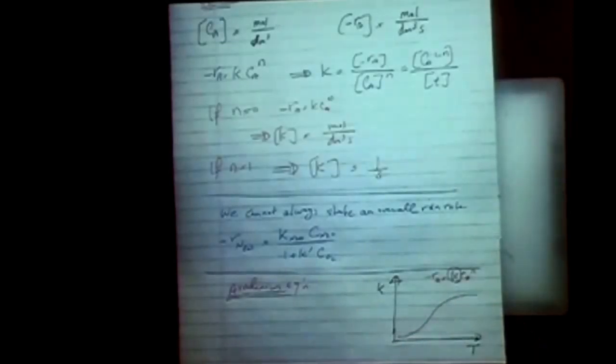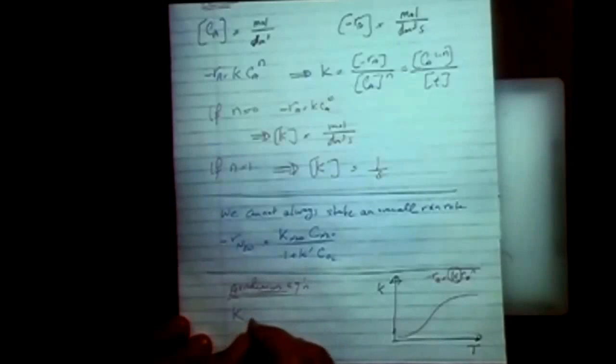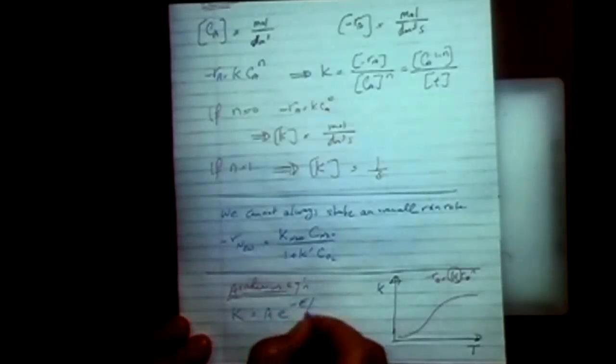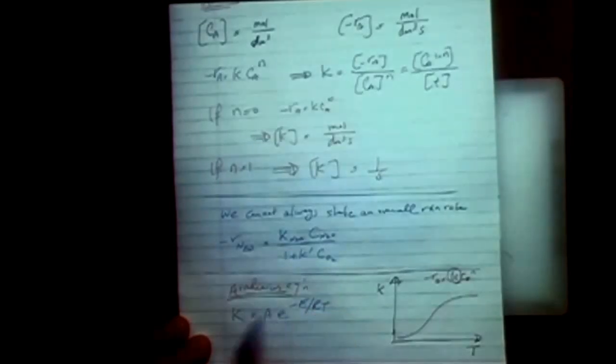So mathematically, the equation is defined like this. We say k equals A e to the minus E over RT. This is the Arrhenius equation.